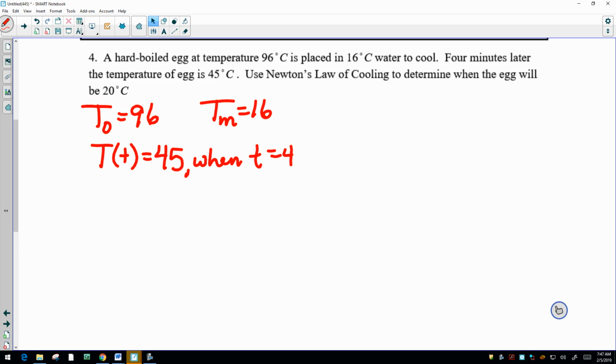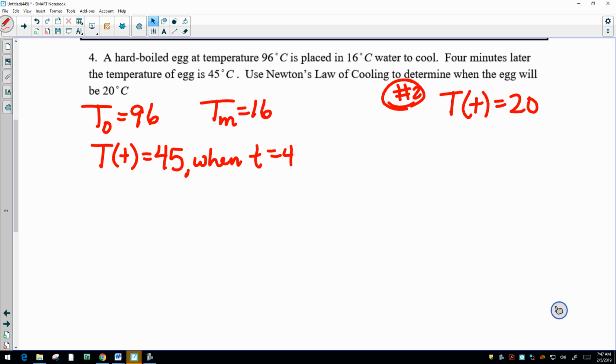So when I solve this the second time, I'm looking for my temperature to be 20 degrees, which means I'm solving for the time that's going to match up with it.